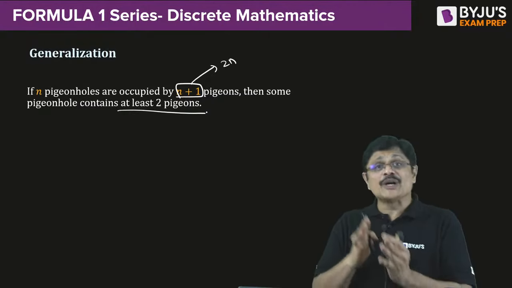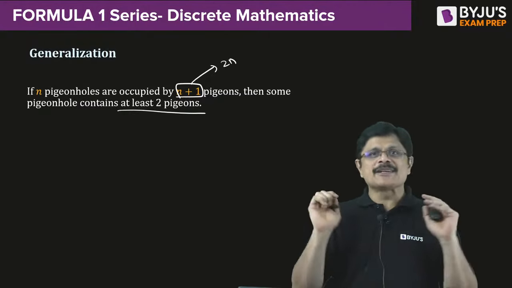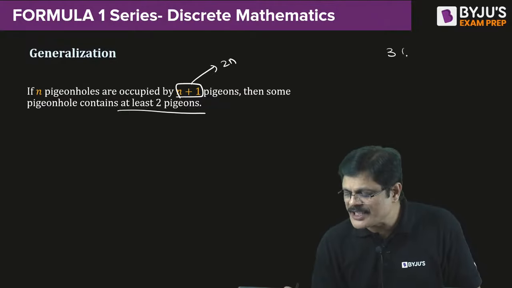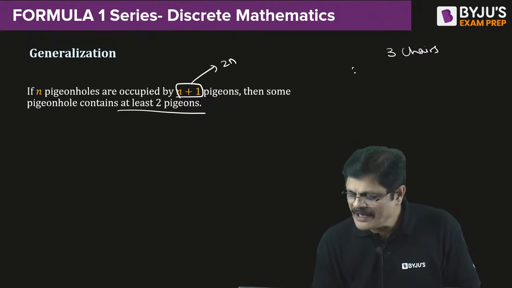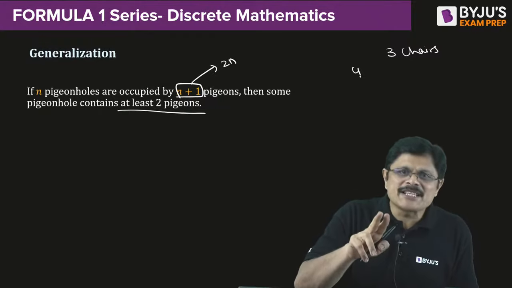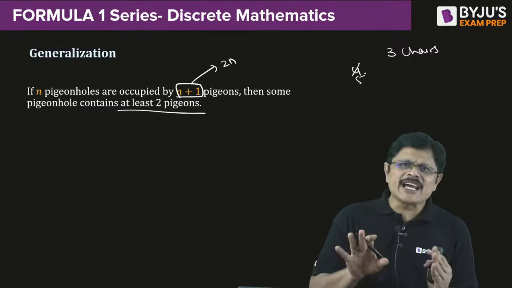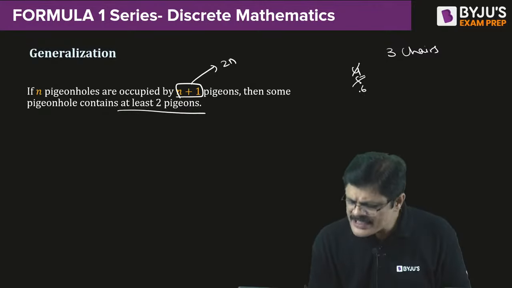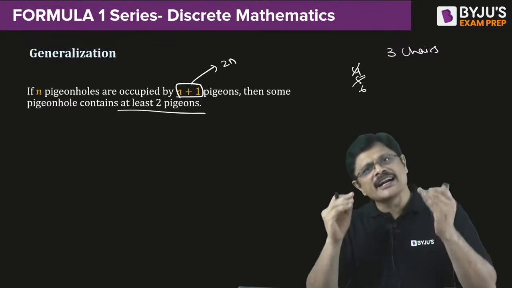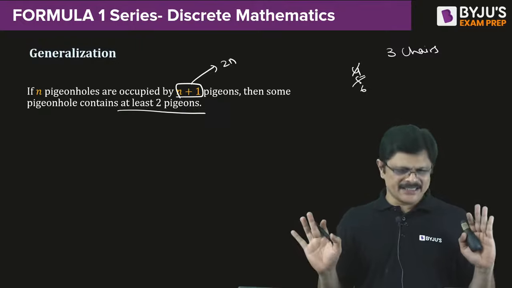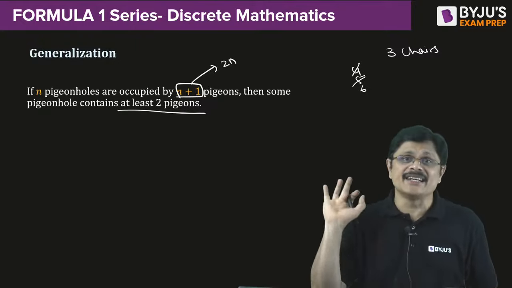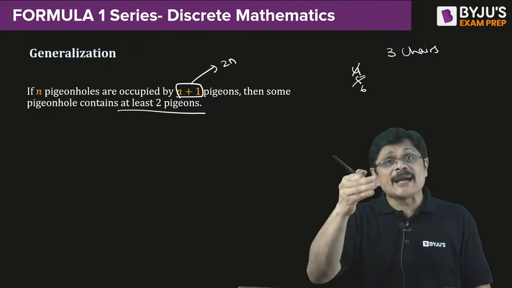For example, if you have 3 chairs and 4 people, some chair will contain at least 2 people. 5 people, some chair will contain at least 2 people. 6 people, some chair will contain at least 2 people. Only that is guaranteed. Up to 2n, the same thing is guaranteed.